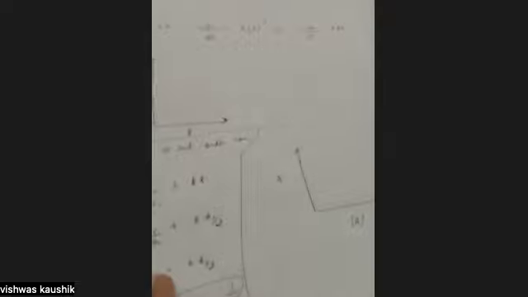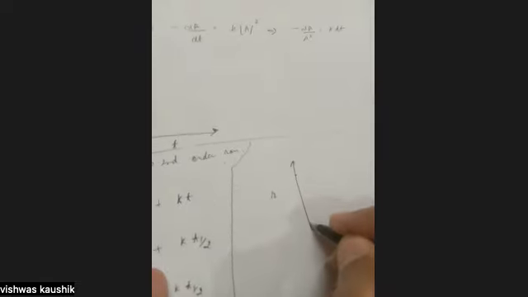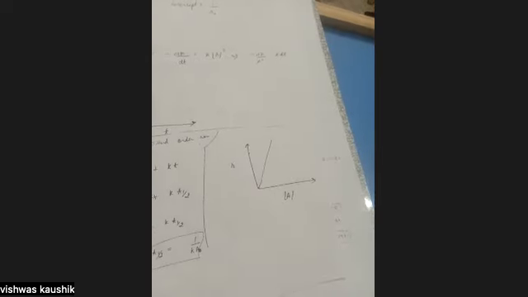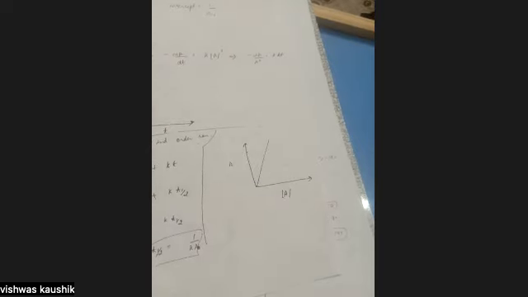So it will be like this: R versus A. And the other graph is like this: 1 upon A square versus T, a straight line graph.